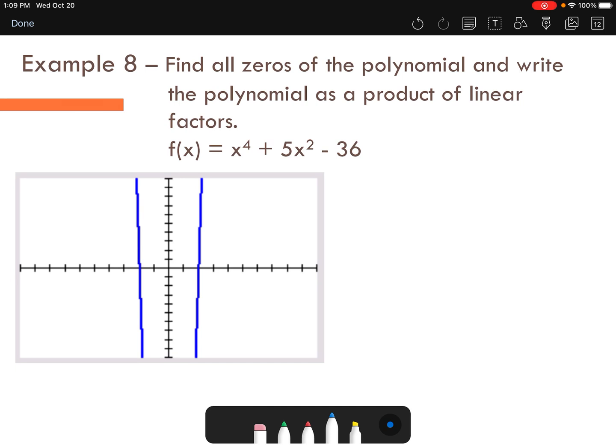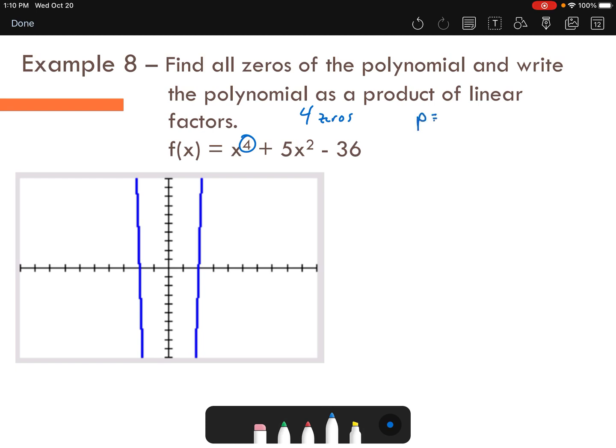So on example 8, we could go back, and we're going to do example 6. If you look at your notes, we skipped example 6 for that reason, because it's going to be a complex pair. We know that there's going to be 4 zeros. So it looks like -1 and 1 could be.